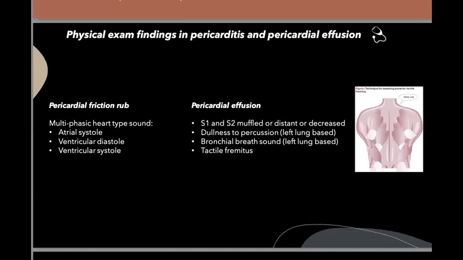So the air will stop somewhere in the bronchi, and that is what will cause this bronchial breath sound. And tactile fremitus, which the picture indicates: you just make the patient say a repeated phrase like 99, and then you will start your percussion and see if there are any abnormalities.